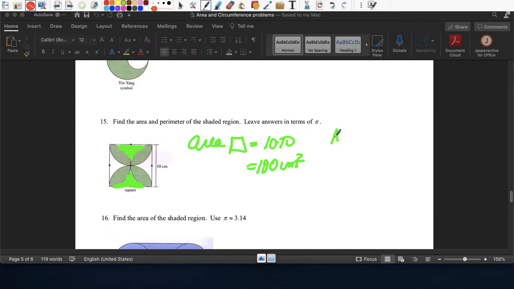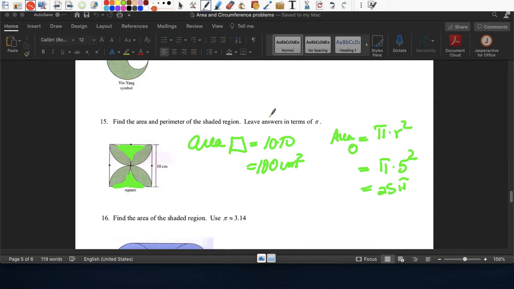And the area of the circle is pi r squared. And what's the radius? Well, 10 is the diameter, right? So the radius would be 5, and we're going to leave it at 5 squared. And the area of the circle would be 25 pi.